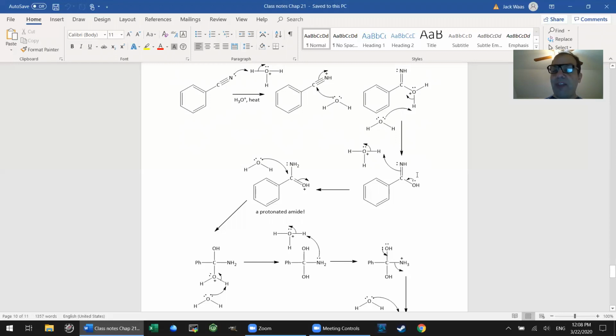But that's not the only correct way to draw that step. Remember the rules for resonance stabilized species. We'll see the same thing in the alkaline case. Remember that it's always possible to draw a correct mechanism using any resonance form, any of the resonance hybrids you like. So once we have this, lo and behold, take a look at that structure.